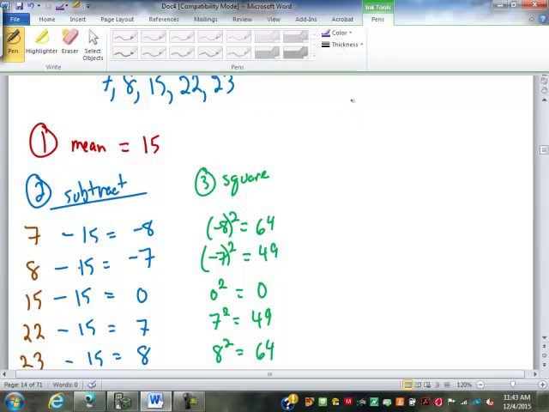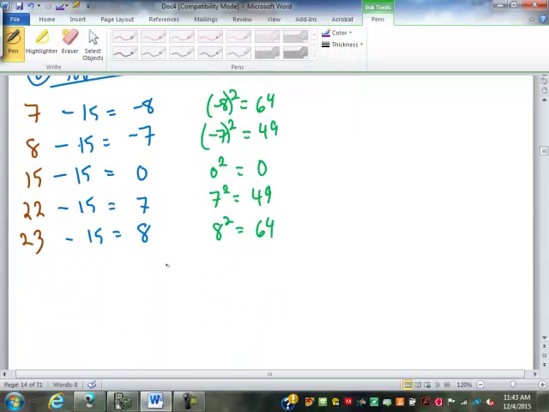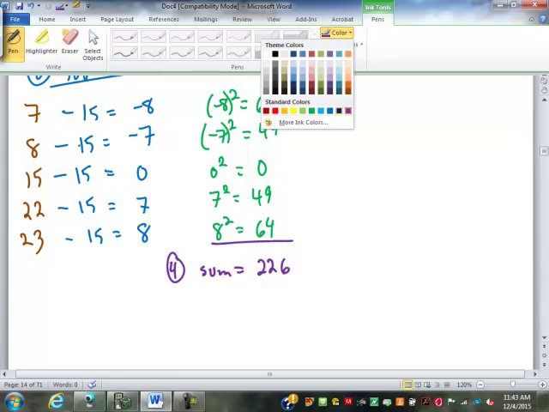Now, step 4. Find the sum. If we're going to add those together, 226 is what we get.